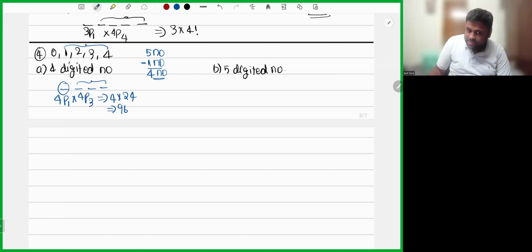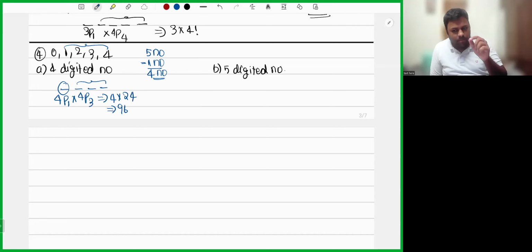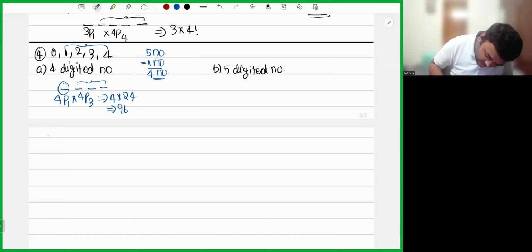So you don't need to do this entire process, you have a formula also. The number of ways of arranging numbers when 0 is there is nPr minus (n-1)P(r-1).